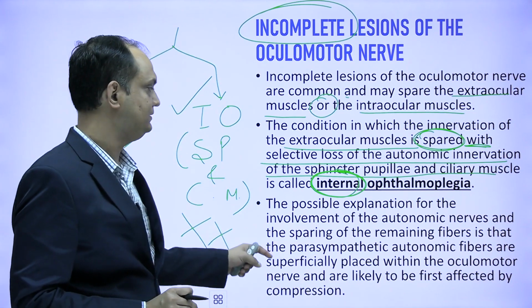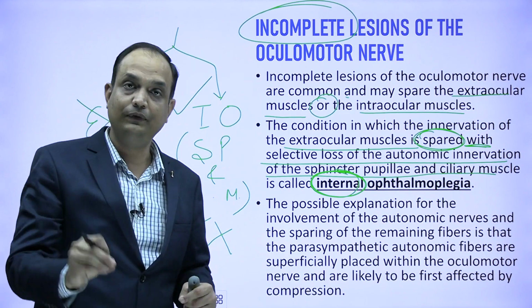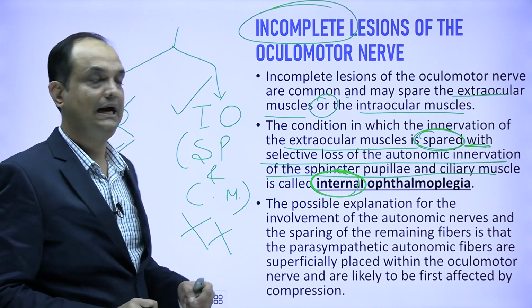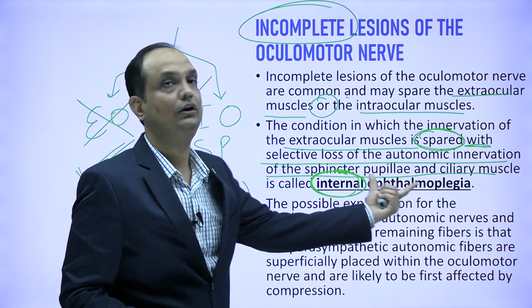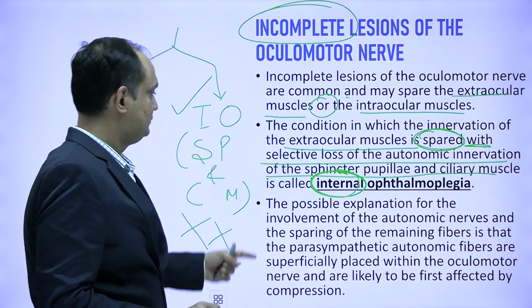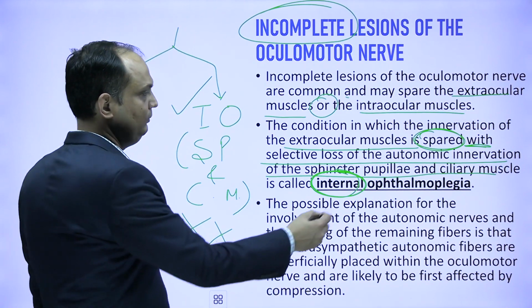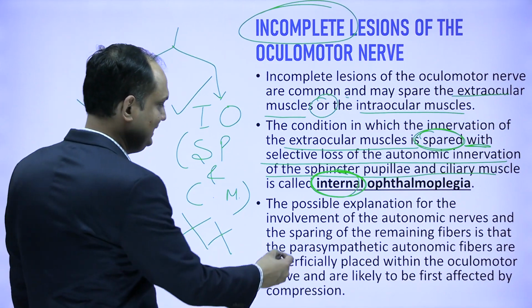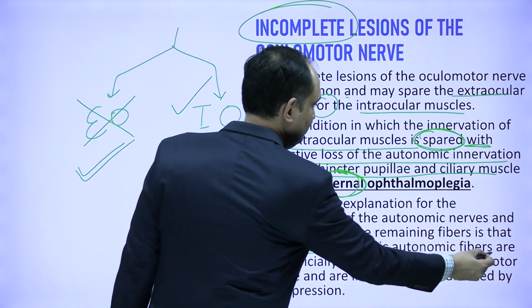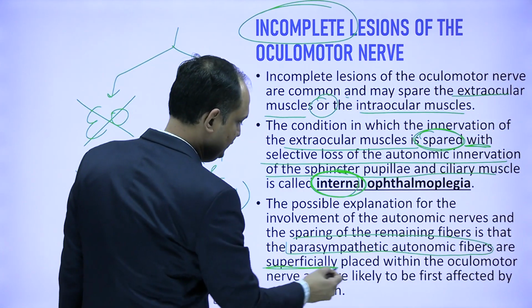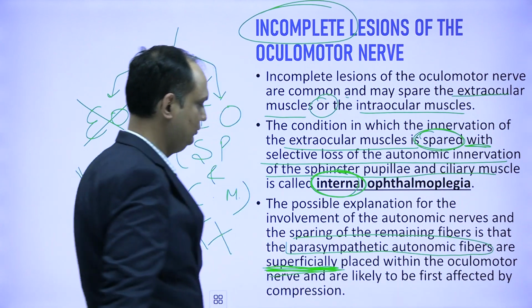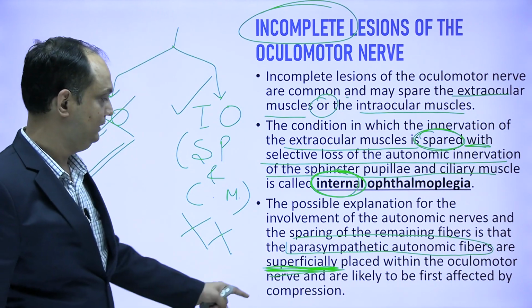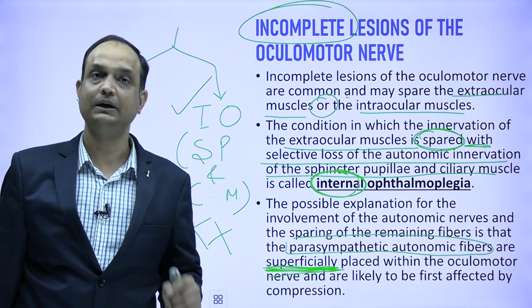These peripheral fibers get compressed, and that leads to internal ophthalmoplegia. The possible explanation for the involvement of autonomic fibers and the sparing of the remaining fibers is that the parasympathetic fibers are superficially placed within the oculomotor nerve, and they are likely to be affected by aneurysm compression.